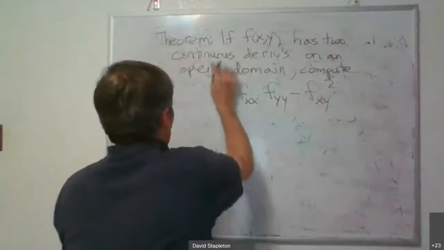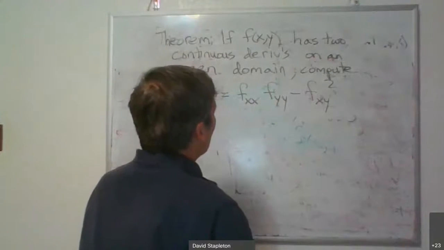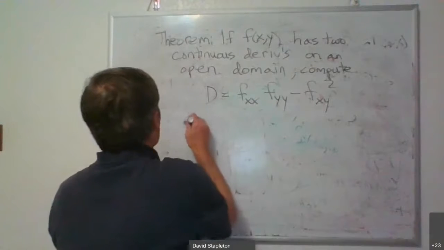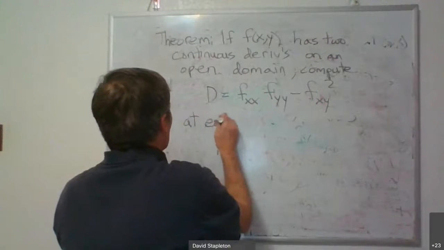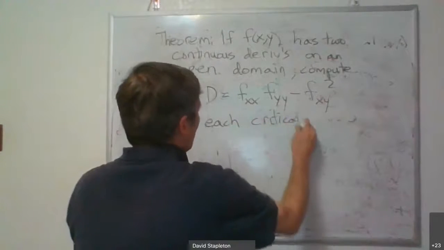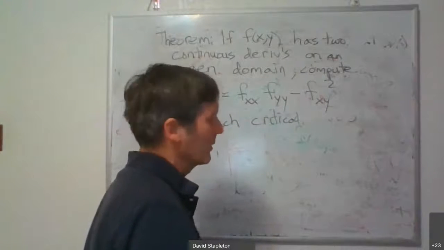Let D be this number, and you evaluate this at the critical point, which you find by just finding whether the derivatives are both zero or don't exist.